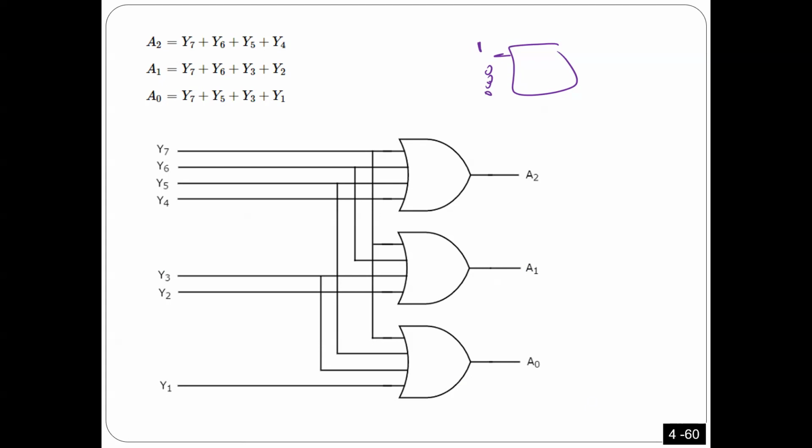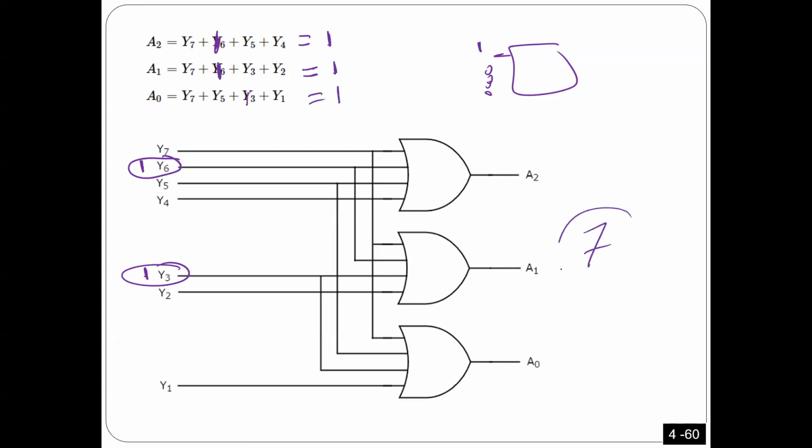For example, if I make Y3 is 1 and Y6 is 1, just here. If you look at the equation, 6 is here, so A2 is 1, E1 is here, so E1 should be 1, and 3 is here, should be 1.